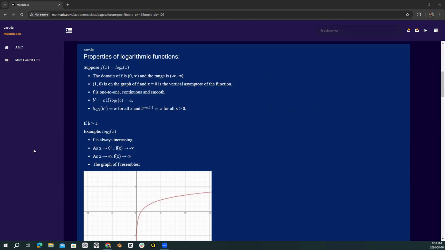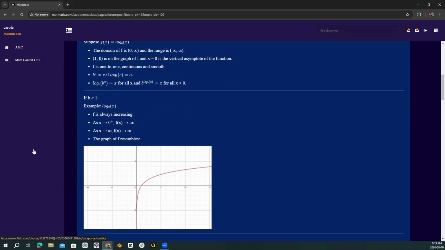Next up, the point (1, 0) is on the graph of f, and x equals 0 is the vertical asymptote of the function. As you can see, this is where x is equal to 0, the y-axis right here. Essentially, an asymptote is like a limit of sorts.